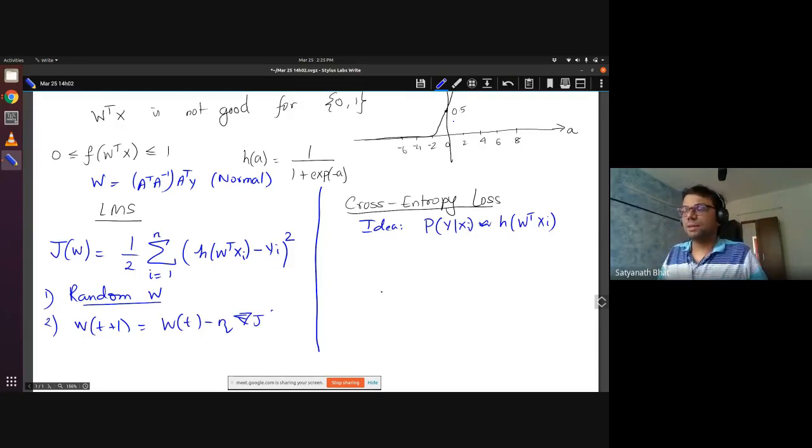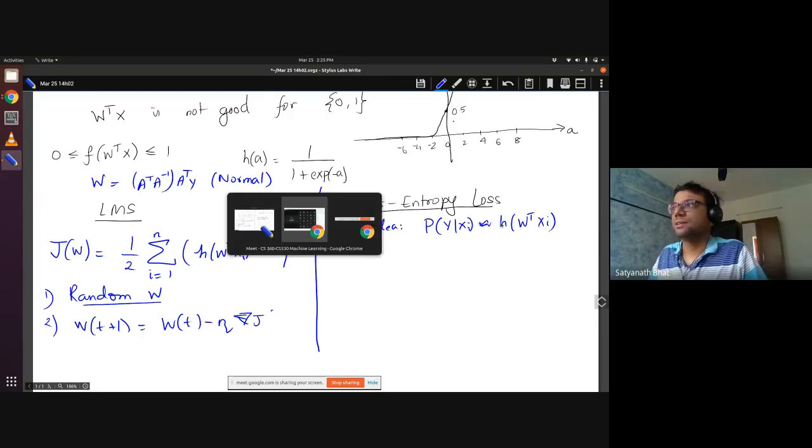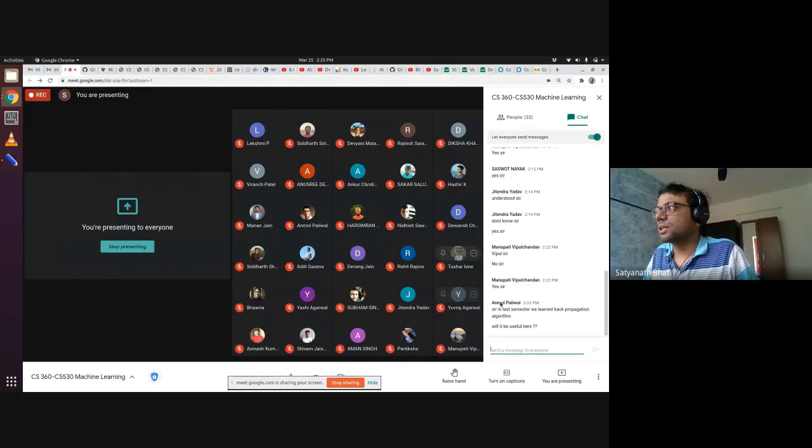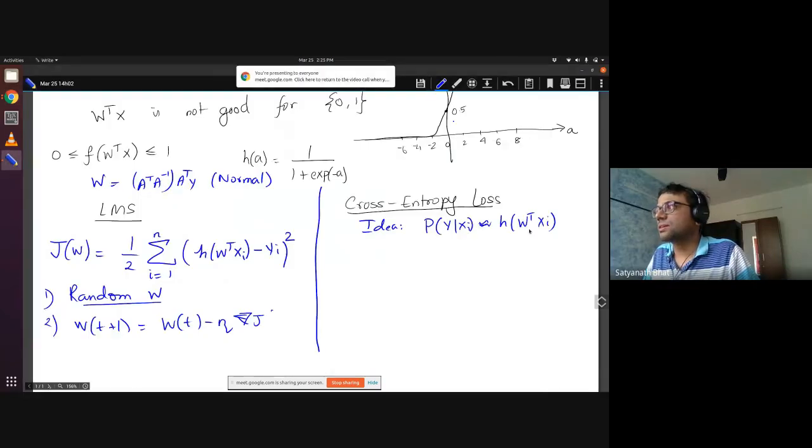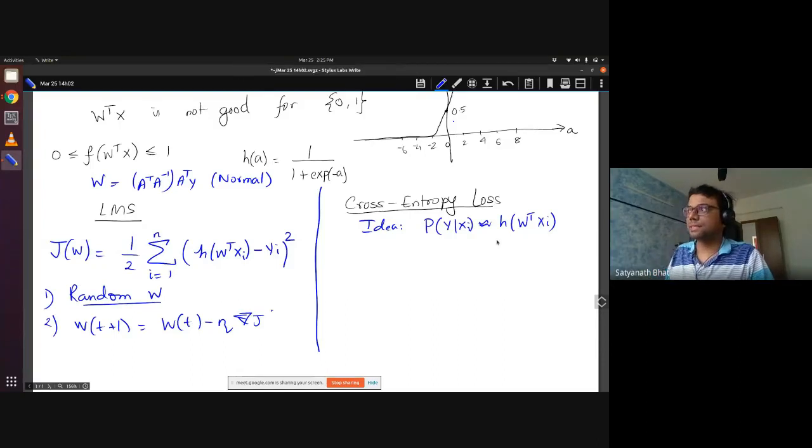And then what is the likelihood? So can someone tell me what is the likelihood if this is true? Let me ask somebody. Okay, so Tushar, if I'm telling you this is the probability, so how will I get likelihood given the training sample Xi, yi? It's a product of i equal to 1 to n. Yes.